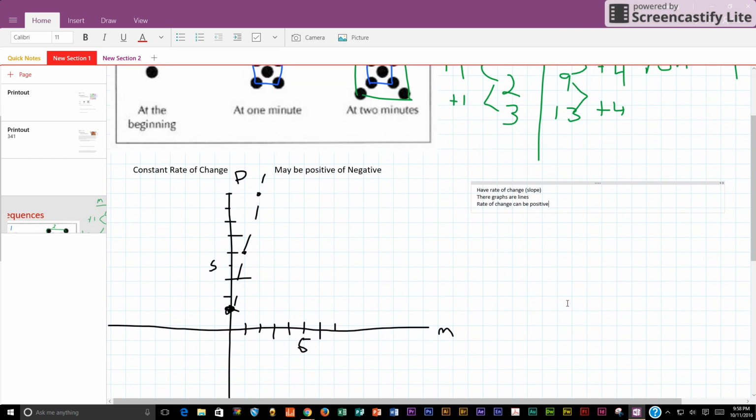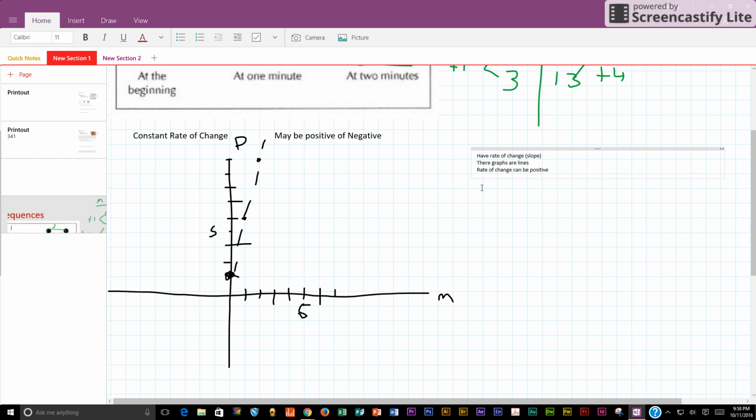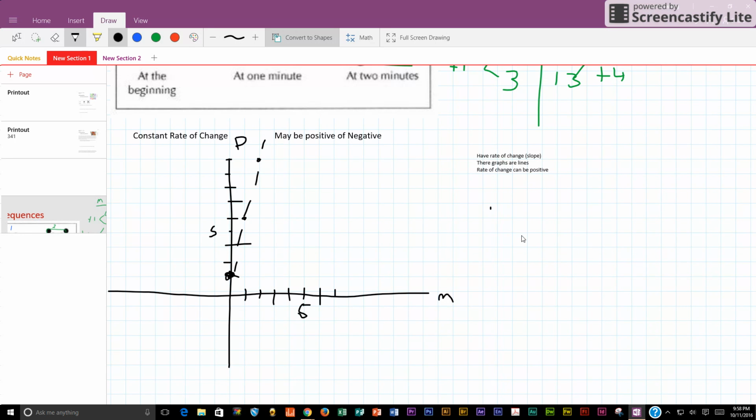Now, let's go ahead and see if we can come up with a recursive formula. Recursive formula.